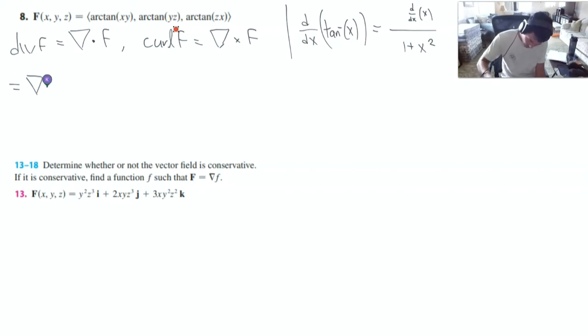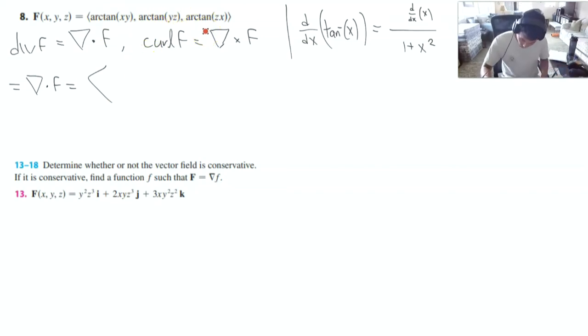So this dotted with f, in our case, is going to be what? I'll write it this way. All of this stuff, we're going to take its derivative with respect to x, then with respect to y, and with respect to z.